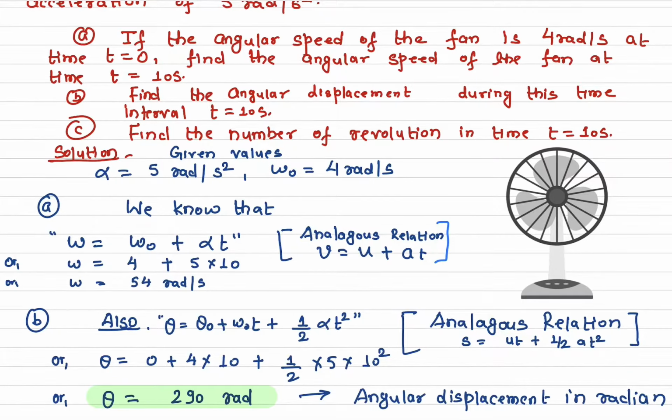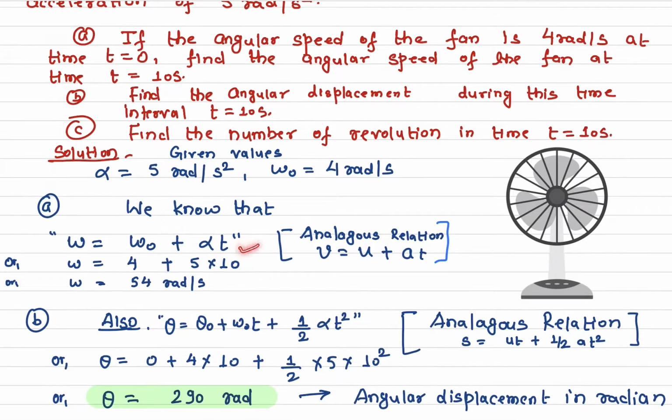Now we have to find the angular speed at a later time, t equals 10 seconds. Then we know this relation: omega, which is the angular speed at some other time, and omega naught, which is the angular speed at time t equals 0, or the initial angular speed. Alpha is again the angular acceleration, t is the time.